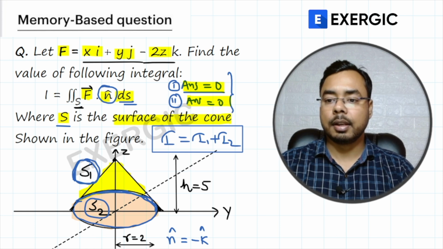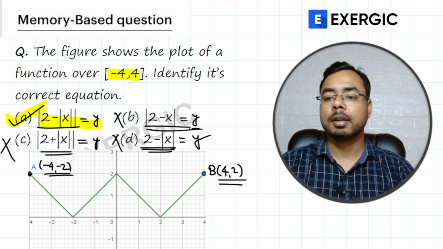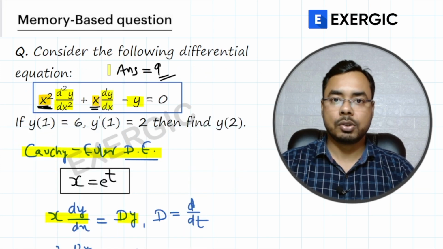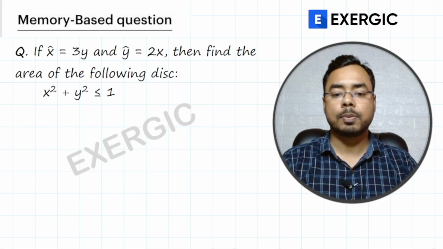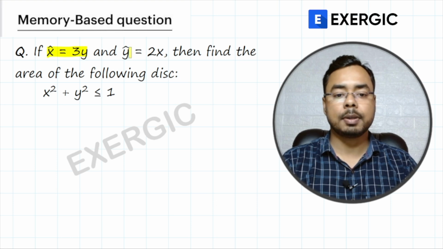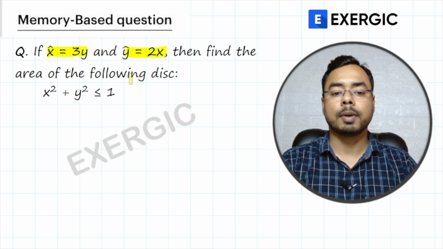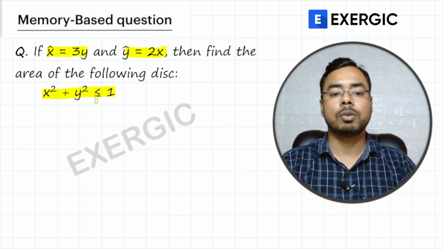Then the next problem was this graphical question based on graphical transformation, and this is our third problem based on the Euler-Cauchy homogeneous differential equation. The next problem is x cap is 3y and y cap is 2x. Then we have to find the area of this disk x square plus y square less than or equal to 1.